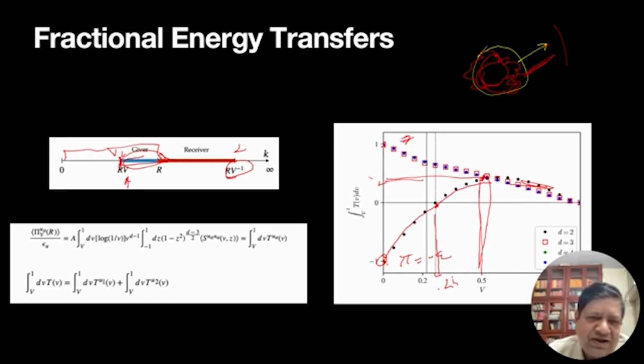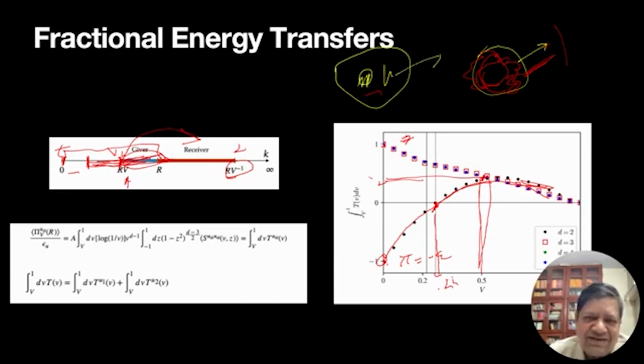So in 2D, if I look at all the modes, I get negative transfer up to here. But if I do up to 0.2, if I consider these modes, then I get a forward transfer. So if I just focus on all the modes in this sphere, 0.25 and onward, so if I make this sphere 0.25 to 1, these modes are giving energy in the forward direction.